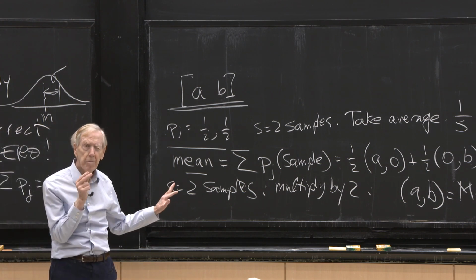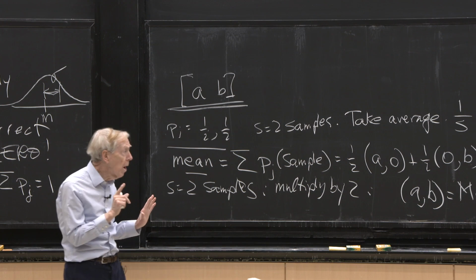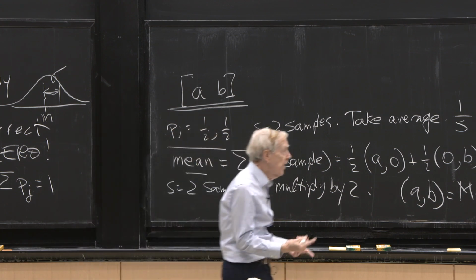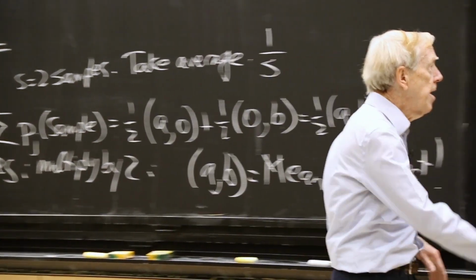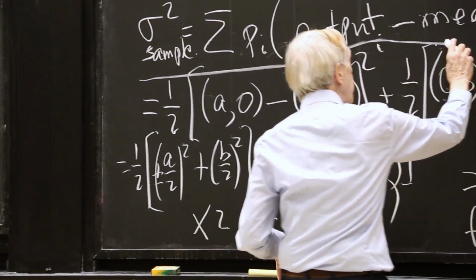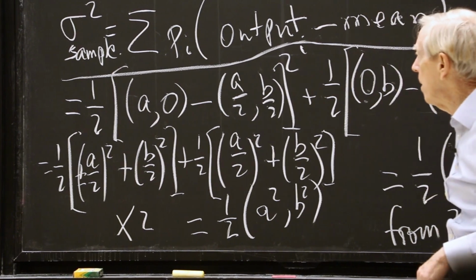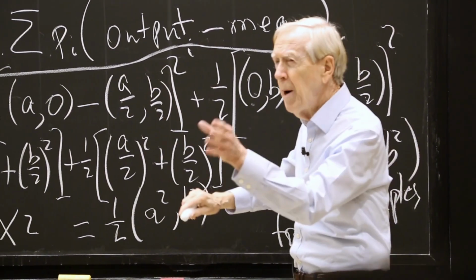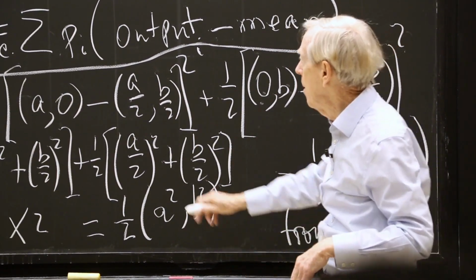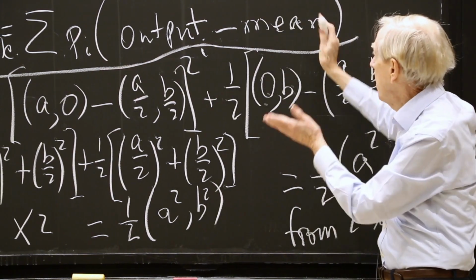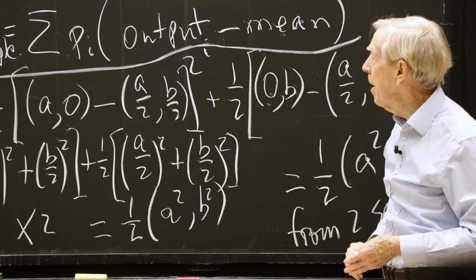And just another little point while we are reviewing variance. This is the standard formula for the variance: the sum of all the possible outcomes with their probabilities, times the distance from the mean squared.